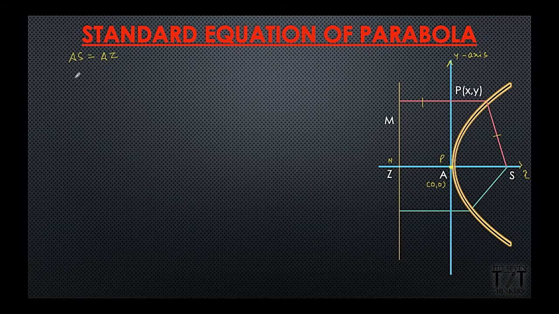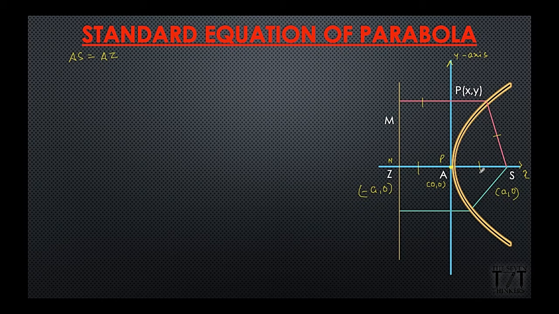We assume this S has coordinates (a, 0). So since S has coordinates (a, 0), Z will have the coordinates (minus a, 0), as this line segment is equal to this line segment, as the definition of a parabola says.